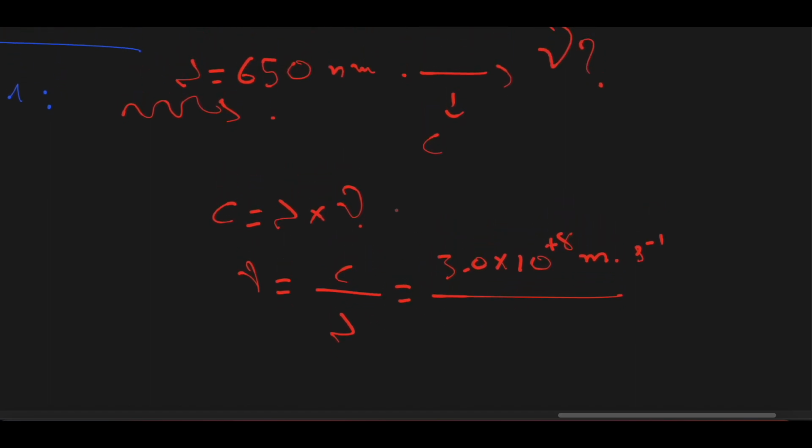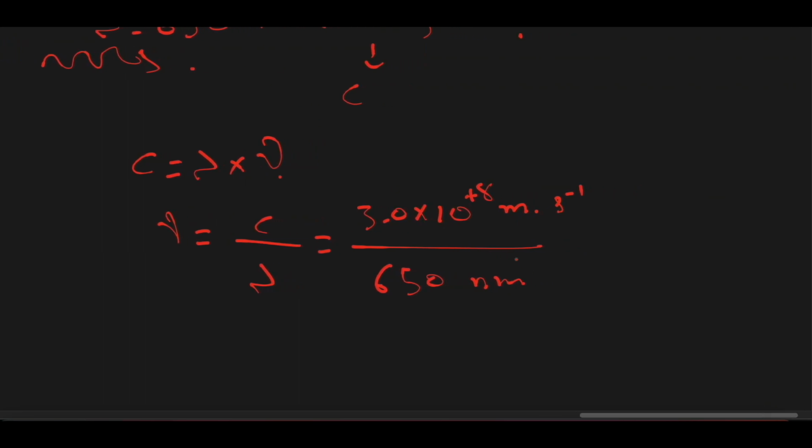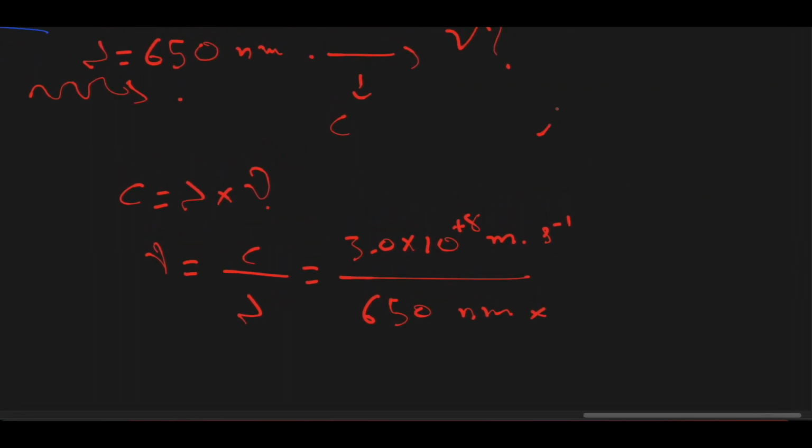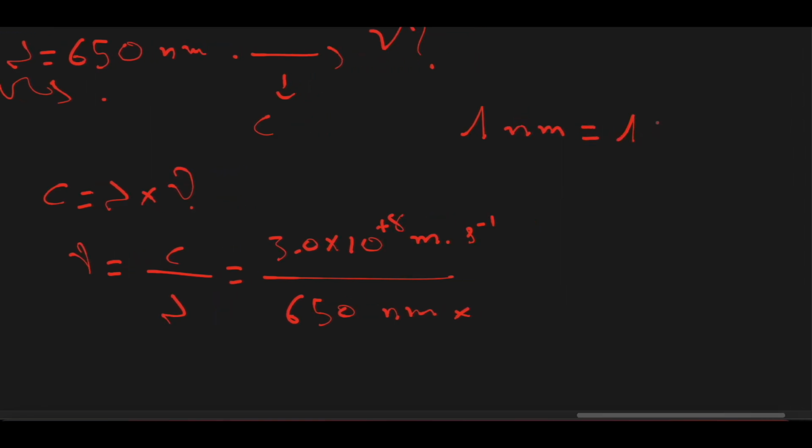And the wavelength here has a value of 650 nanometers. But here we can see that we cannot combine nanometers with meters, so we have to multiply by a conversion factor. We know that 1 nanometer is equal to 10 to the negative 9 meters.